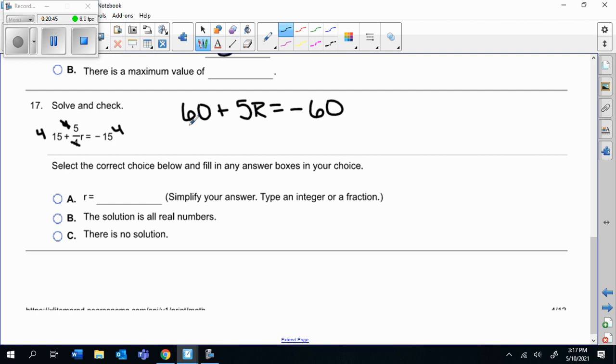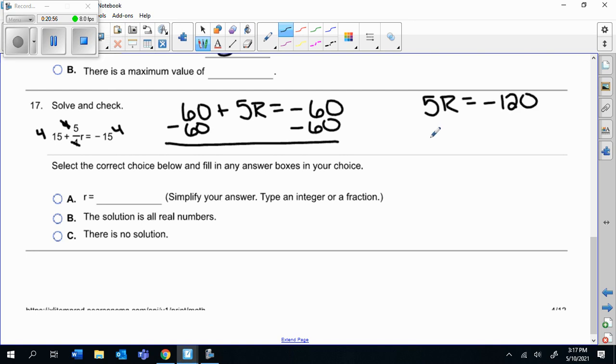We need to get the r by itself, so let's take this 60 to the other side. So 5r equals negative 120. Divide by 5, divide by 5, and r equals negative 24.